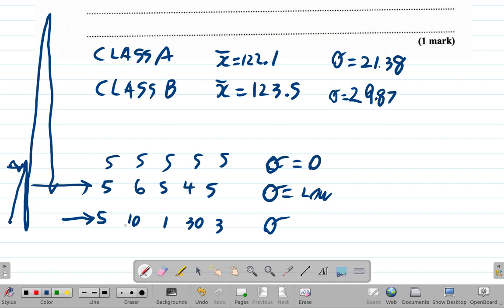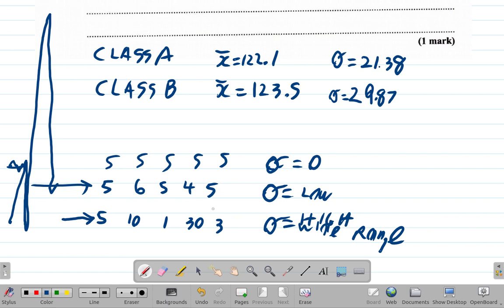You have a lot of swing in terms of the values. You have a wide variation. So you have a high standard deviation. The standard deviation would be high.